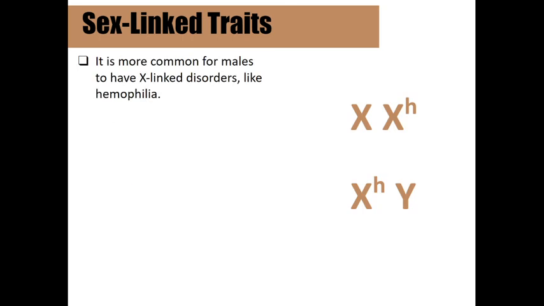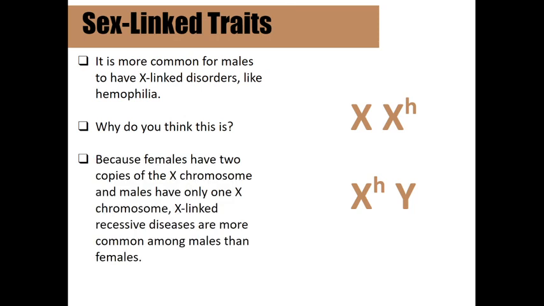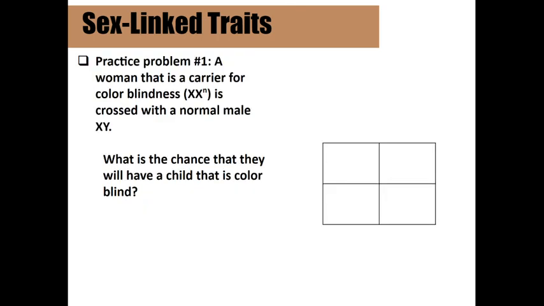Now, it is more common for males to have a sex-linked disorder like hemophilia. What do you think this is? Because females have 2 copies of the X chromosome and males have only 1 X chromosome, X-linked recessive diseases are more common among males than females.